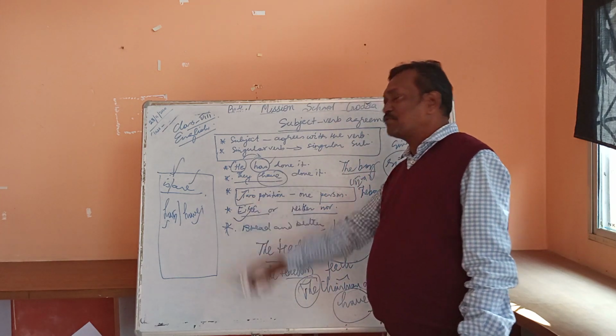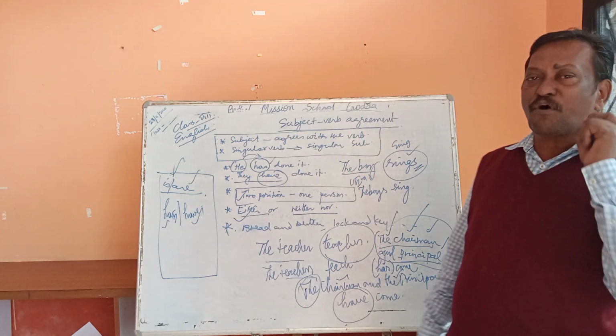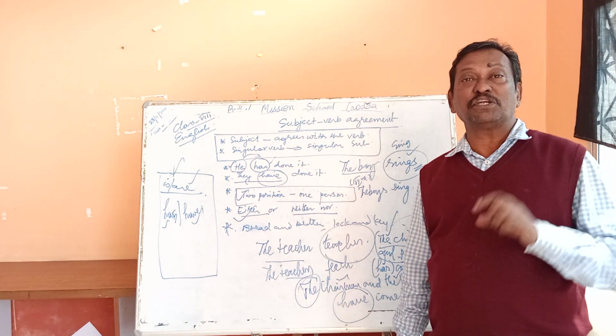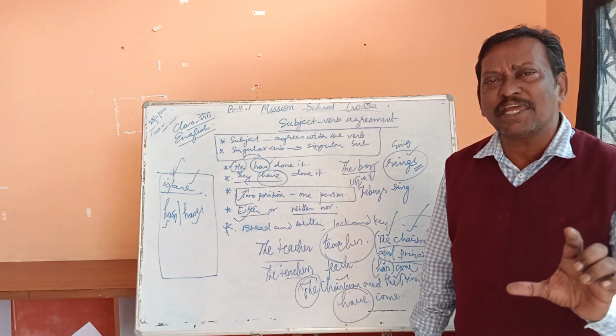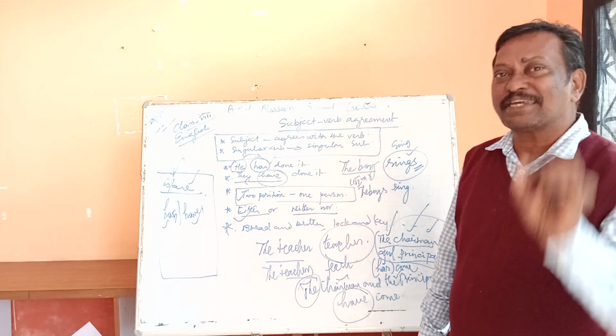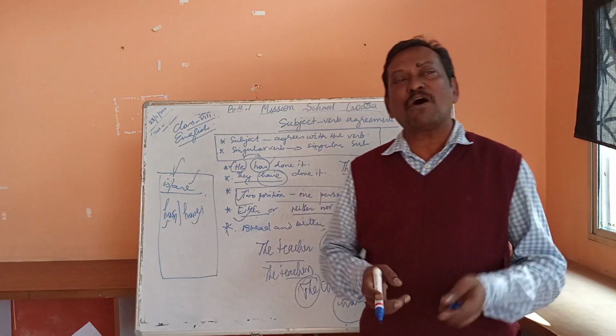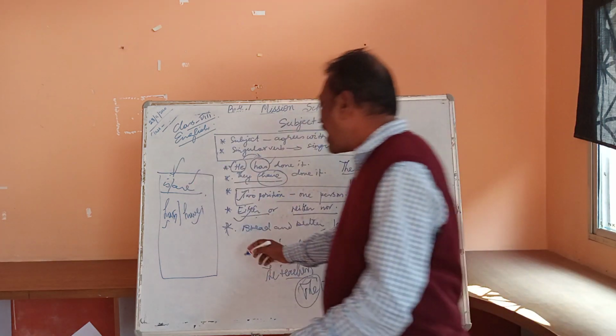Sorry, the last one rule. That is either or. Listen very carefully. Subject and verb agreement requires a lot of study, careful understanding of the rules. Either or. What do you mean by either or? Either this or that.